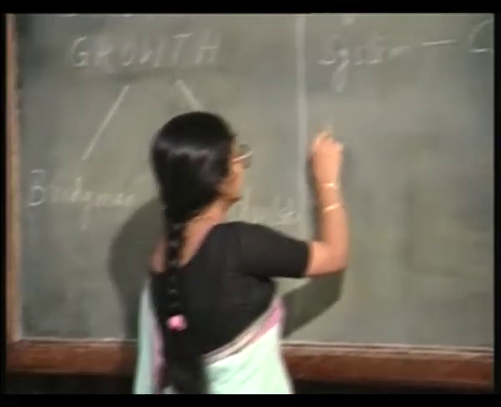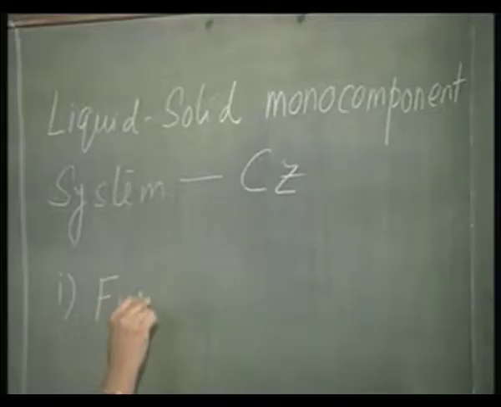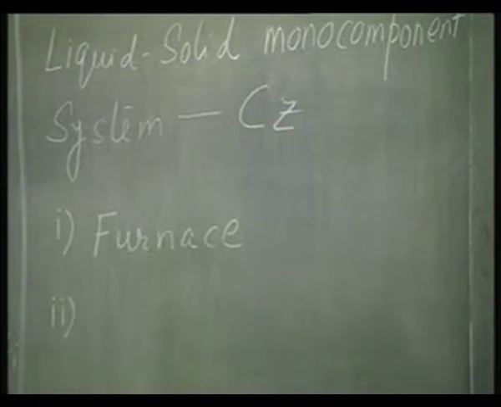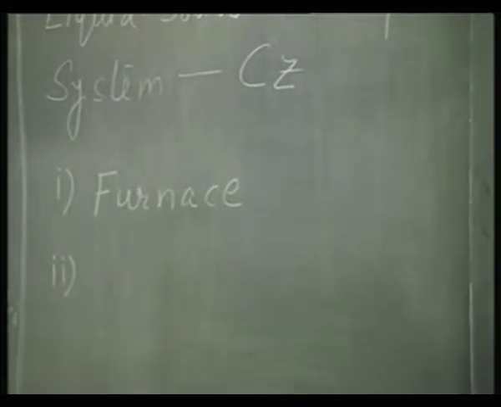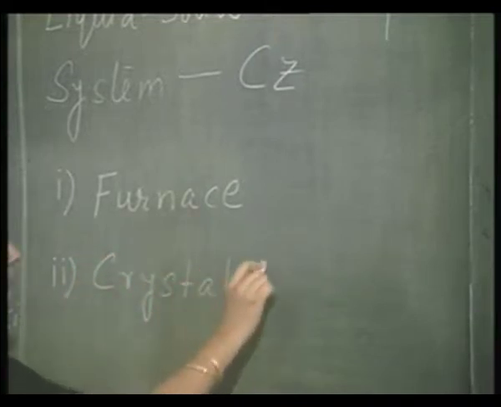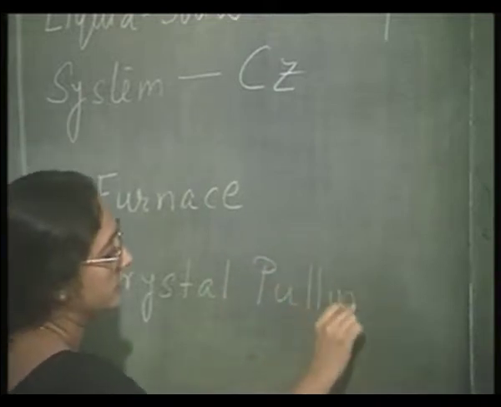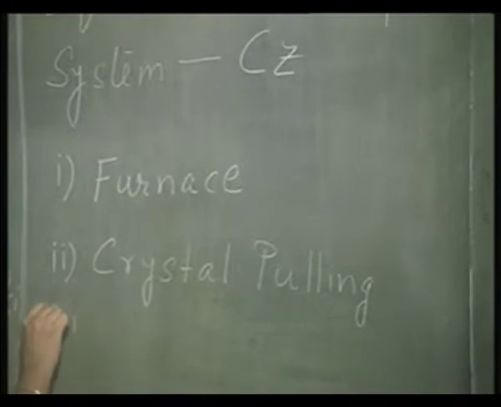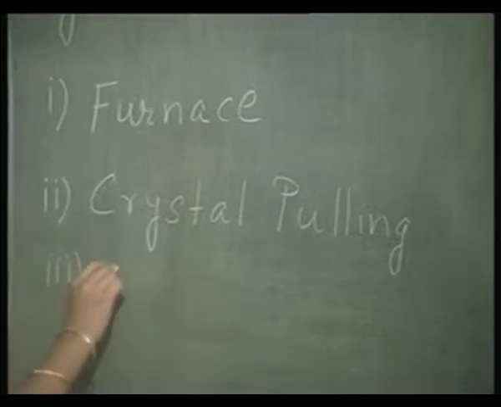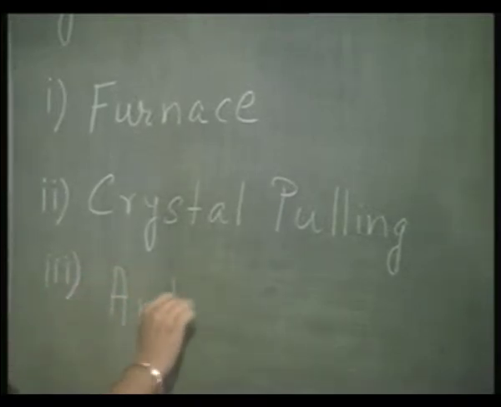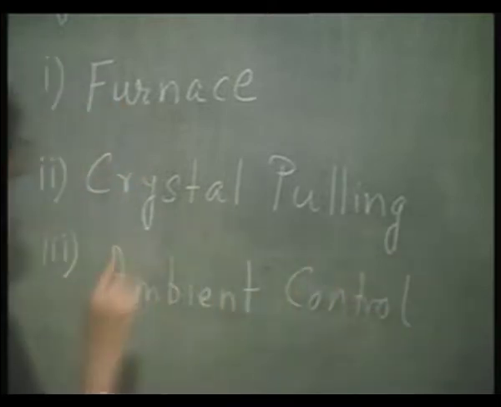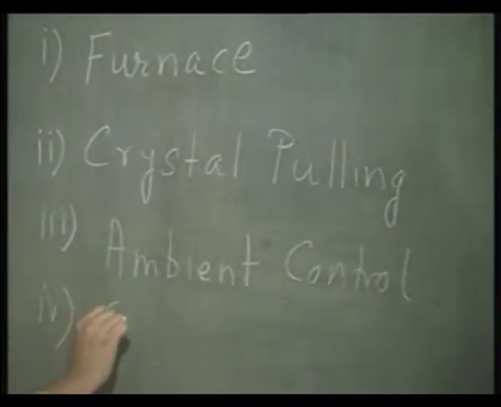The first is a furnace, second is known as a crystal pulling mechanism, third is the ambient control, and finally we have the control systems.